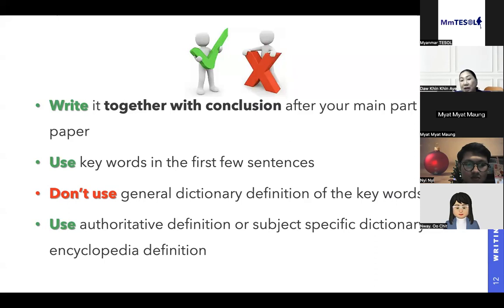I rewrite my introduction together with conclusion because I opened two chapters side by side. From the results and everything, I write the conclusion, and looking at my introduction again, I make all the necessary changes.